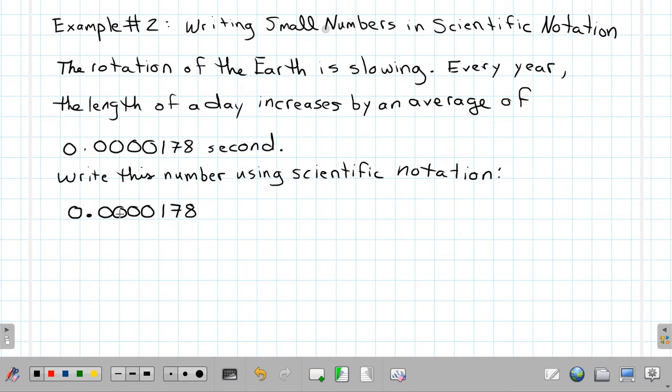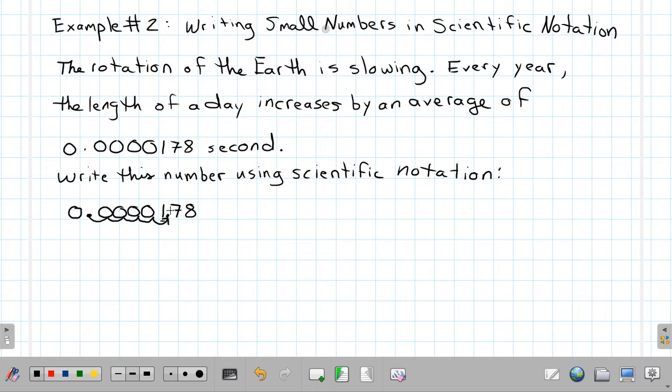This is a 0, 0, 0, 0. Well, the first non-zero number in this case is a 1. Okay, so we need to take our decimal place and move it over to where it's beside or after the 1. So in this case, we need to move it 1, 2, 3, 4, 5 places.